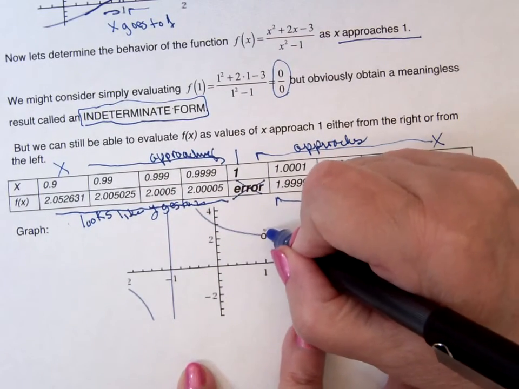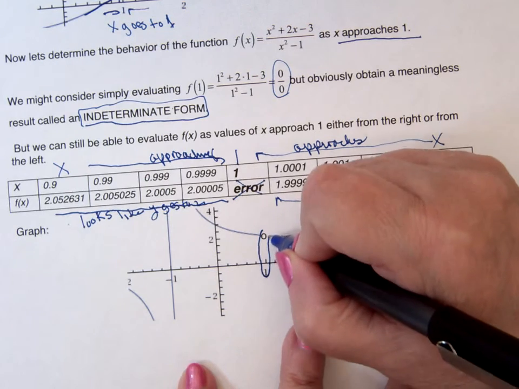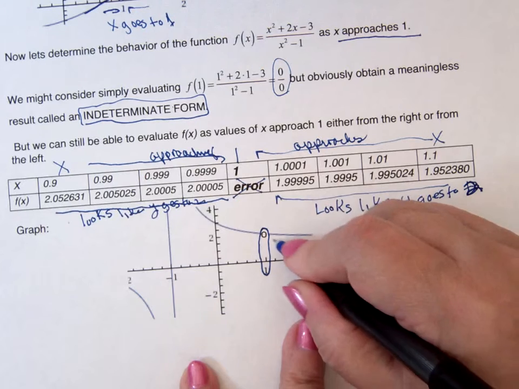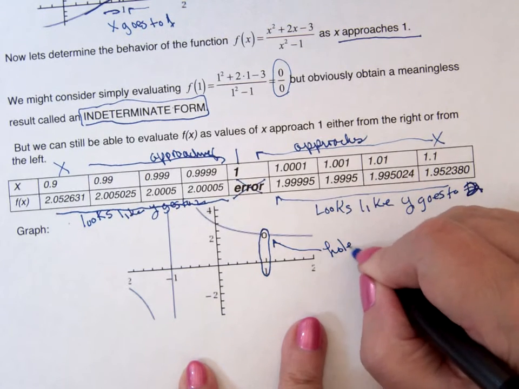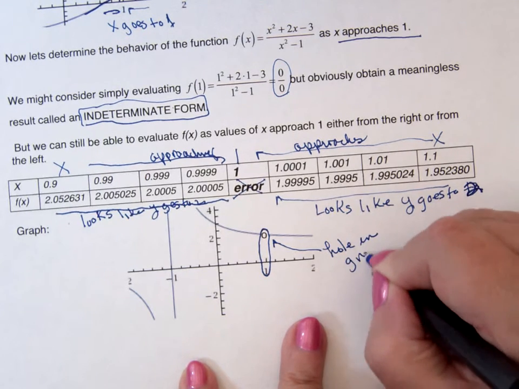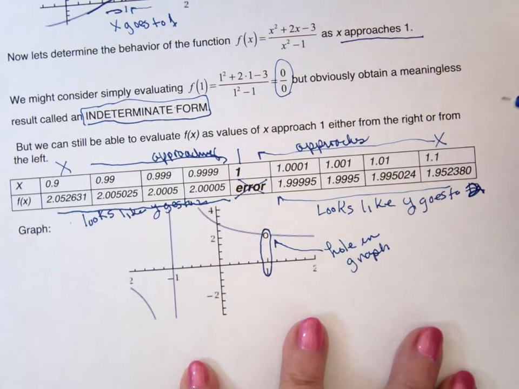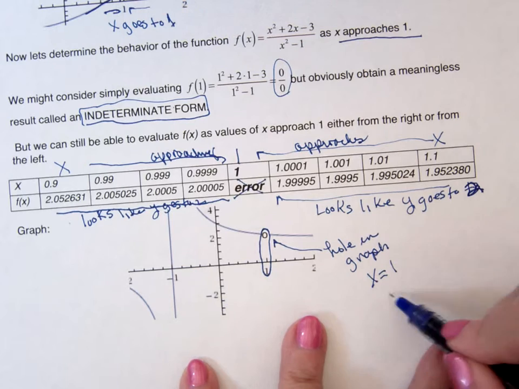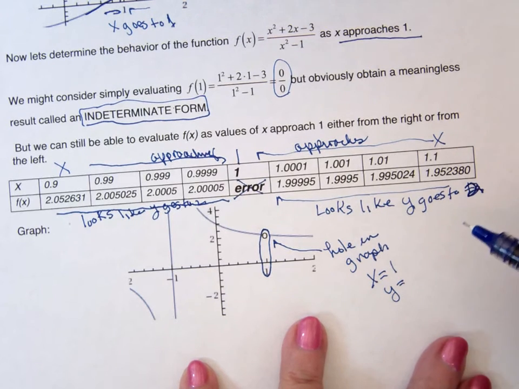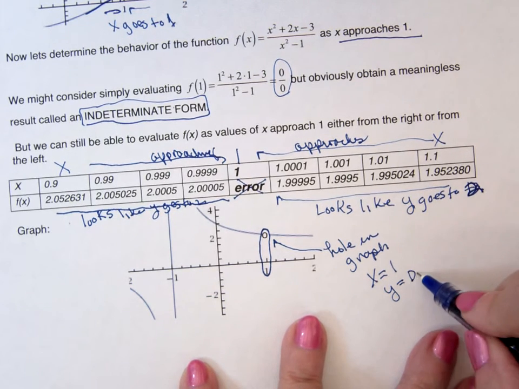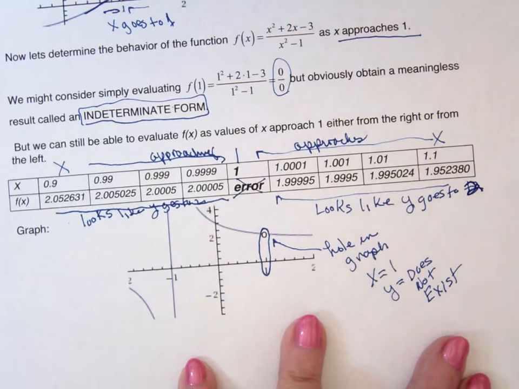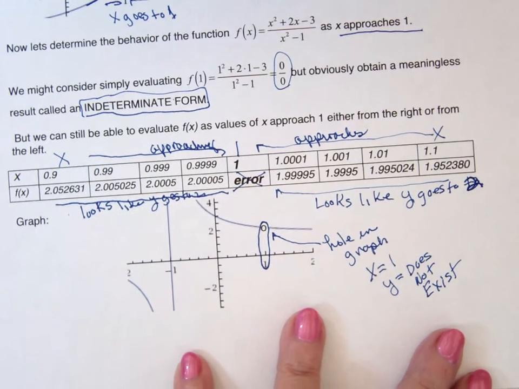Well, if I take a look at what's happening at x equal 1, this is a picture of the graph, there is a hole in the graph. So at x equal 1, y does not exist, because I have a hole in the graph.